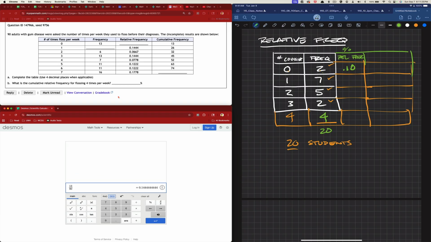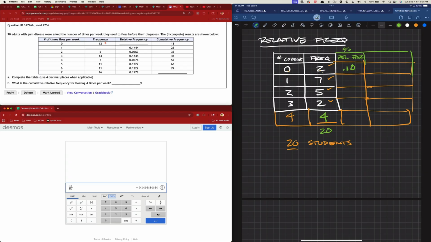That's this, that's 0.144. And you're saying, well, that's the wrong row, dummy. Yes, but no. I know that this answer is 13. Why? Because of the cumulative frequency, but also if I add up those numbers and subtract them from 90, you'll figure out that this empty cell is 13. 13 is what percentage of the total of 90?